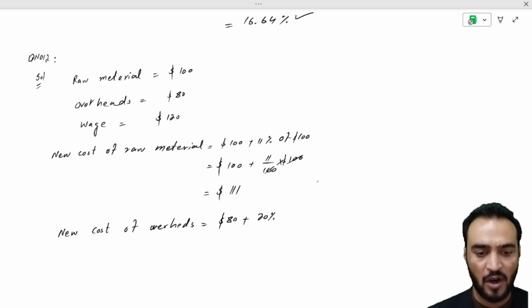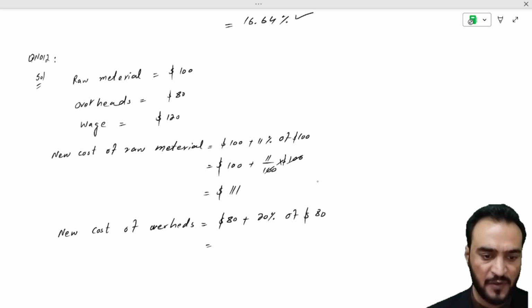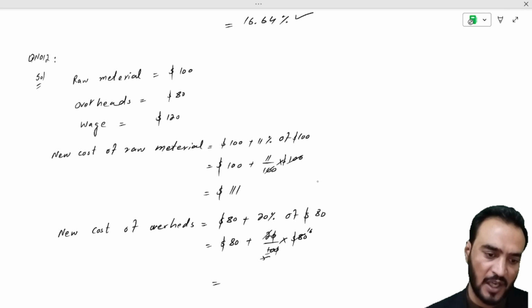So 20% of $80. After simplifying, we get $80 plus 20 over 100 times $80. Simplifying that, we get 16 plus 80 becomes $96.